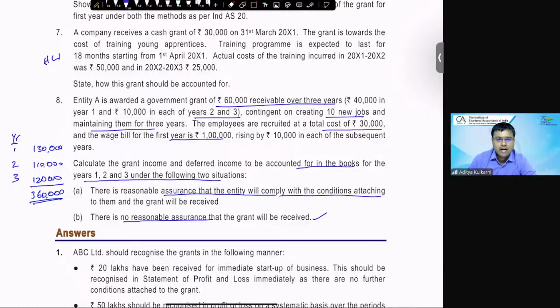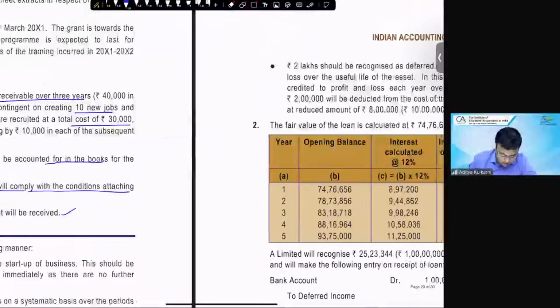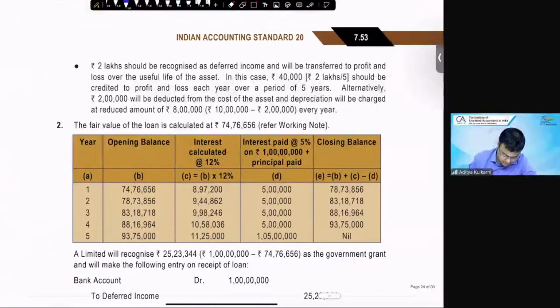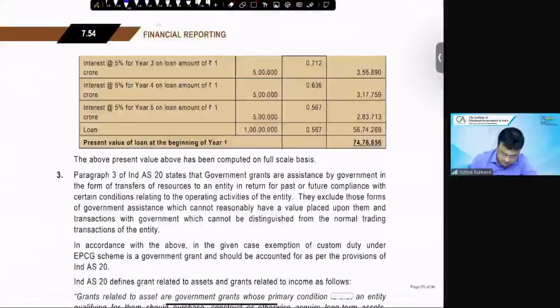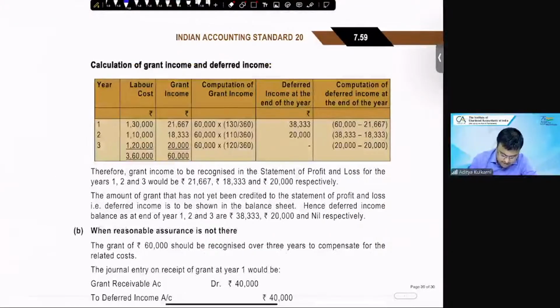So ideally 13, 11, 12. In this ratio, I will do the split. This is what the Institute has done for part A. Look, 3,60,000, 60,000 is amortized in this ratio. 60,000 into 13/36, 11/36, 12/36. So this is the allocation, grant income, and deferred income. This is the balance.